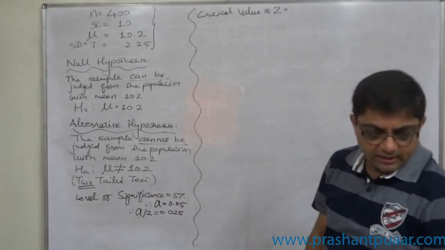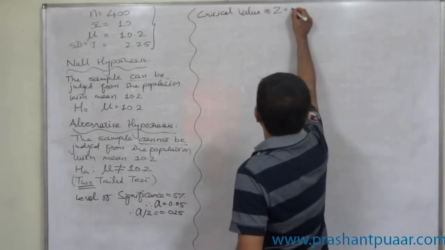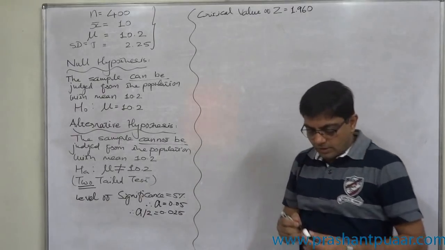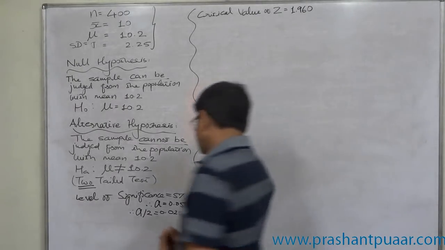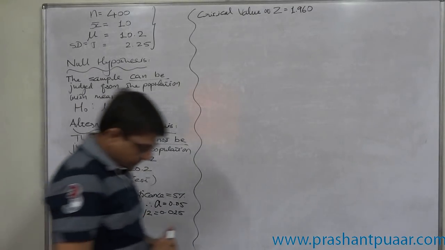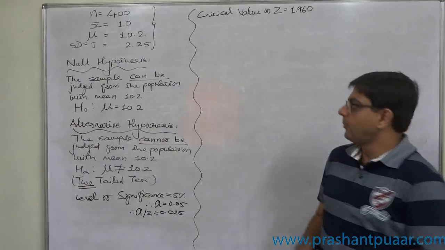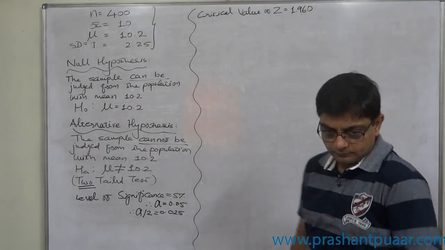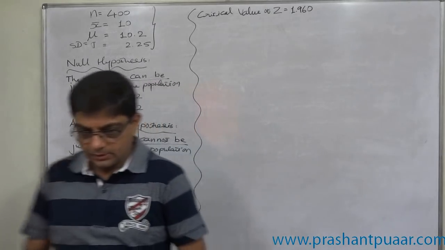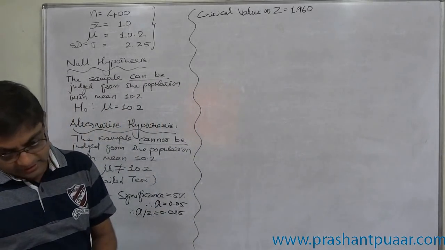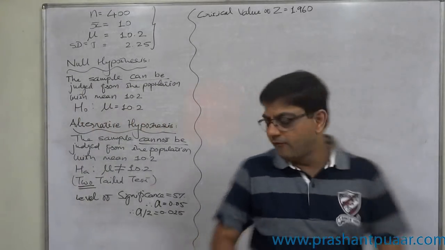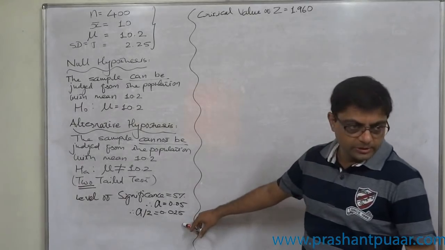You can check the table, the value is 1.960. If the case is Z test, two-tailed and 5% level of significance, the critical value is 1.96. It is in the last row of the table of t values, infinite degrees of freedom, and the column of alpha 0.025, not 0.05.